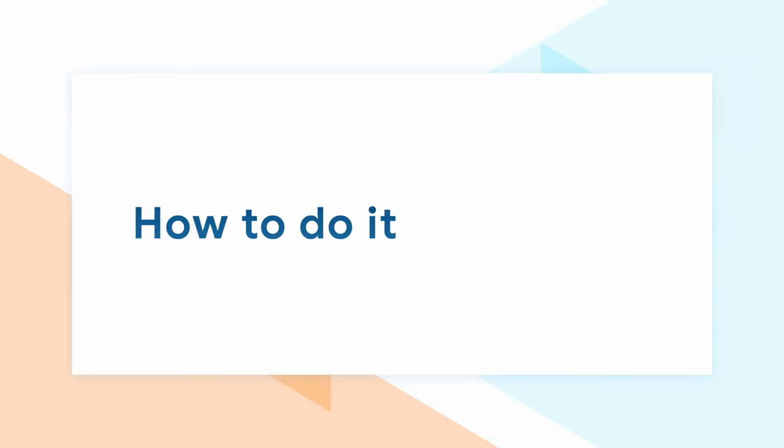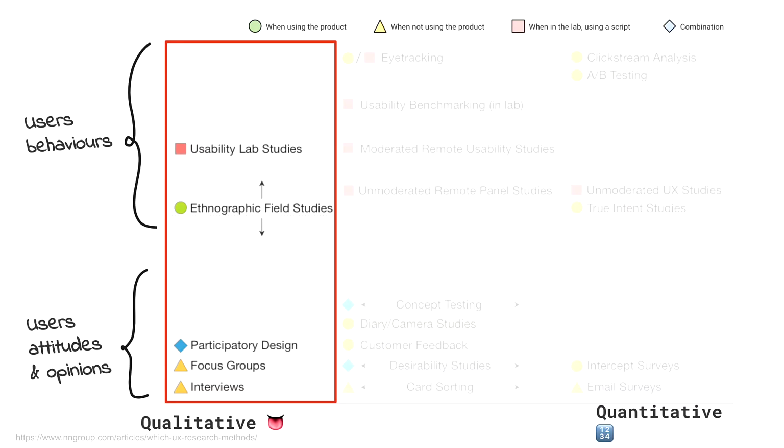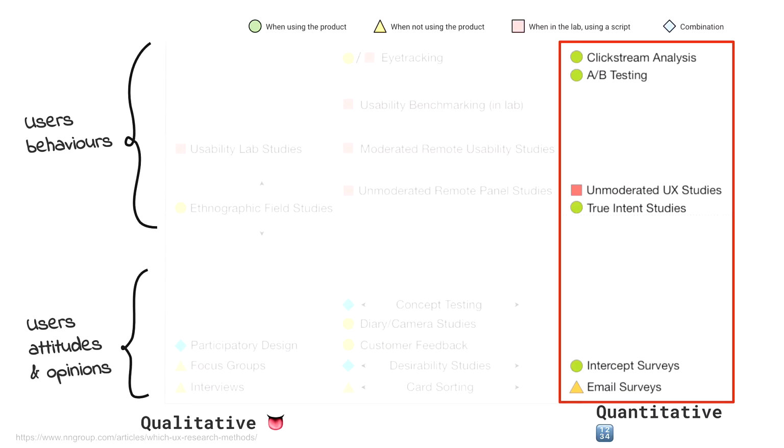What can you do to answer your research question? What are the quantitative and qualitative methods that you can choose from? This similar chart shows you different common research methods available in the same spectrum. You can see popular qualitative methods on the left, like usability studies, focus groups, or interviews, and some other popular quantitative methods on the right, like surveys, A/B testing, and others.